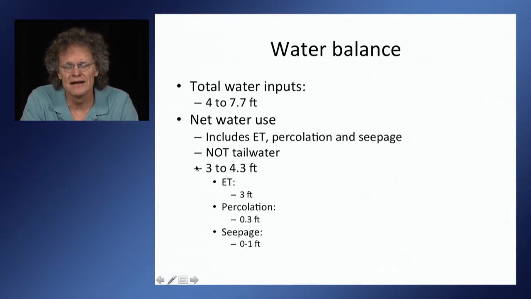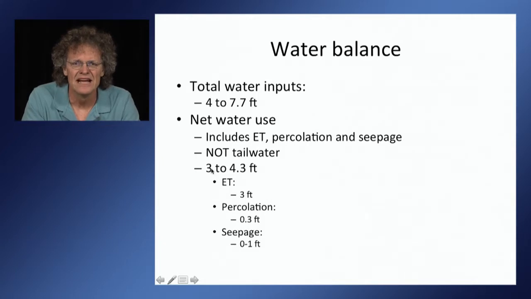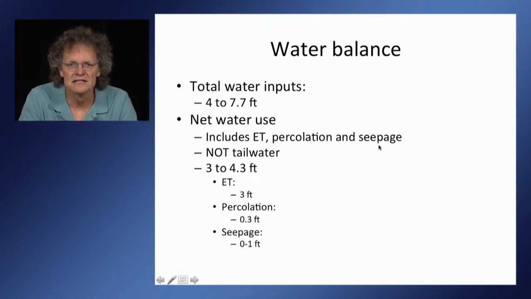But if we break that down a bit and look at net water use, this includes ET, evapotranspiration, percolation, and seepage. So these are your in-field losses. It does not include any tailwater losses or any drainage losses. The amount of water used for that is much narrower, about 3 to 4.3 feet of water.